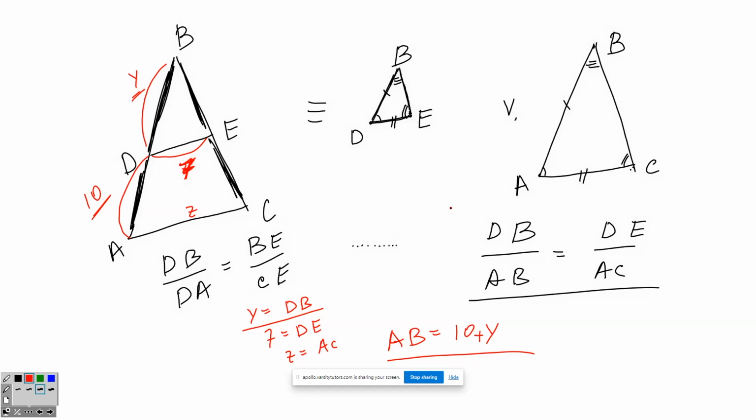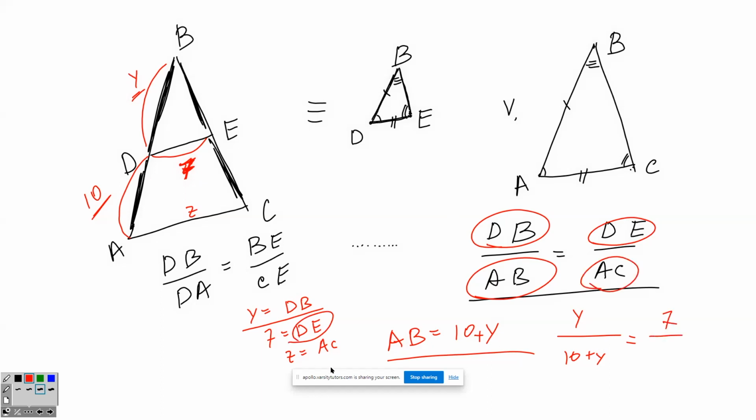So this is how we get our ratio: y over 10 plus y equals 7 over z.